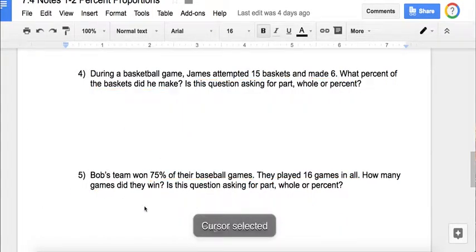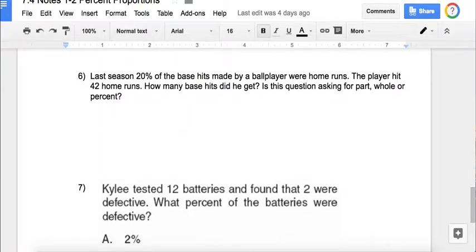So let's look at number 6. Last season, 20% of the base hits made by a ball player were home runs. The player hit 42 home runs. How many base hits did he get? So, is this question asking for part, whole, or percent?